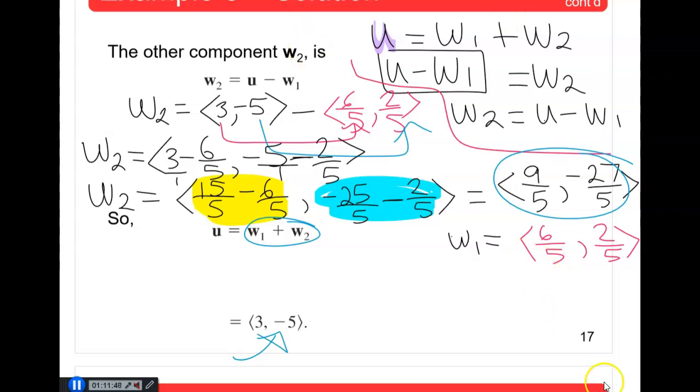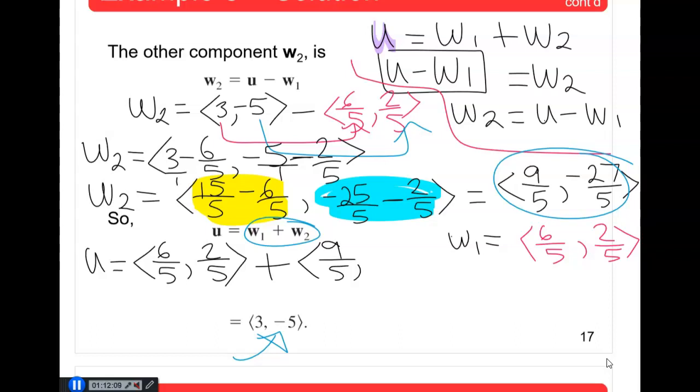So that will be u is equal to W sub 1, which is 6/5, comma 2/5, plus W sub 2, which is 9/5, comma negative 27/5.